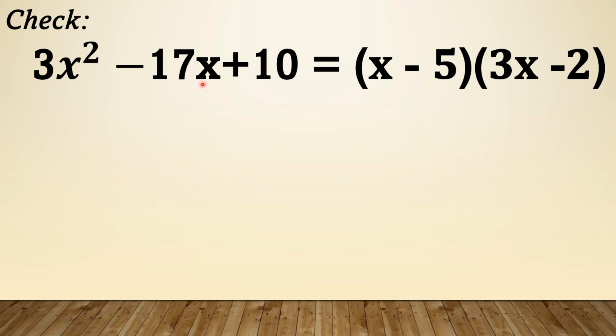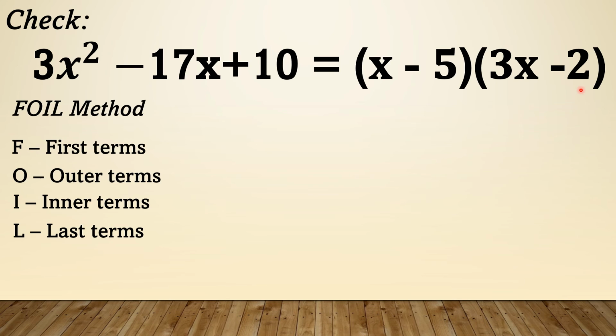Now, let us check whether the factors that we have obtained, that is, the quantity of x minus 5 times the quantity of 3x minus 2, is correct or not. So we are going to apply the FOIL method in multiplying these two binomials.